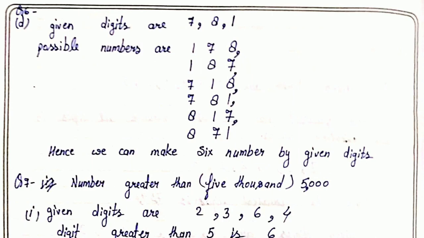Same, next time we will take 7 and stick it at the hundreds place, and then 2 possible outcomes will come, 718 and 781. Then we will take 8 and fix it at the hundreds place, and then 2 possible outcomes will come, 817 and 871. So hence 6 numbers we can make by the given digits.